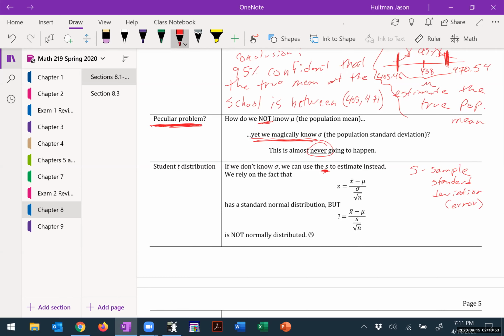I think on the exam they call it sample error, so just know the difference between margin of error and sample error. If it just says sample error, it's the standard deviation. It's S, or on your calculator, it's S sub X. Remember S sub X? That's your sample standard deviation.